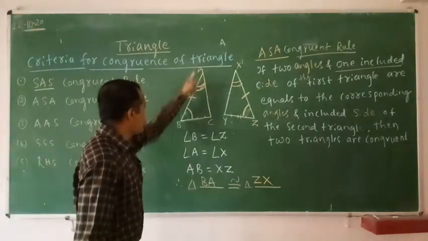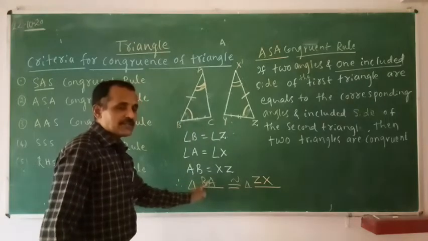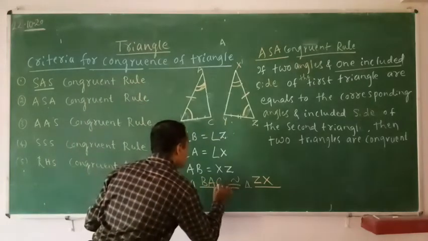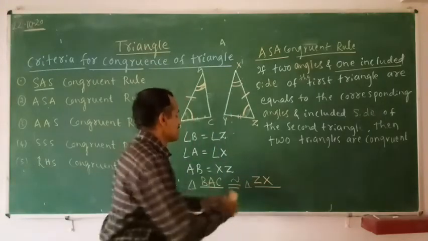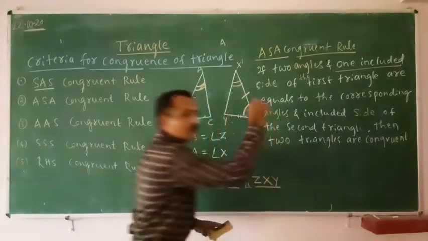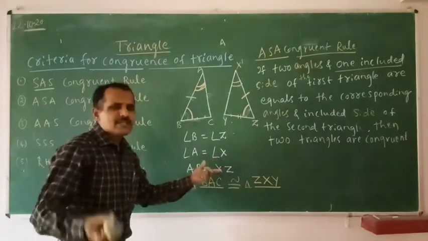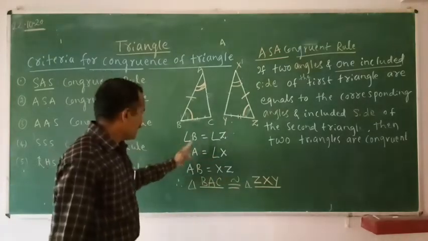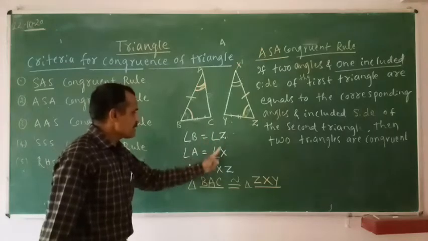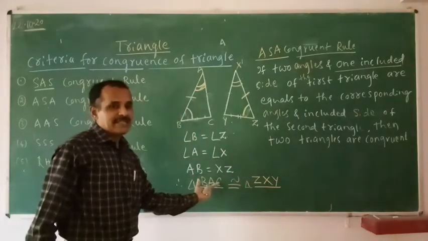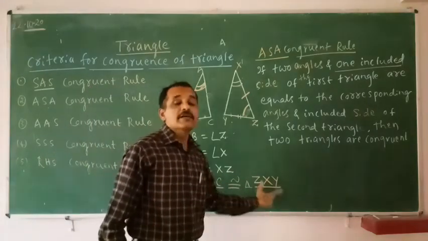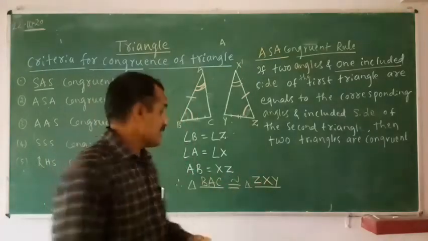In triangle ABC, BA is written here, so the third alphabet is C. In this XYZ, ZX is written. So when two angles are given, it is very easy to write. For here it is C, third alphabet for here is Y. And the triangles are congruent.